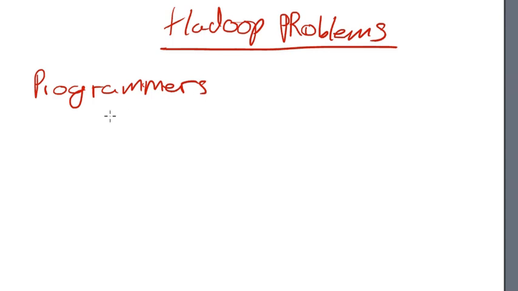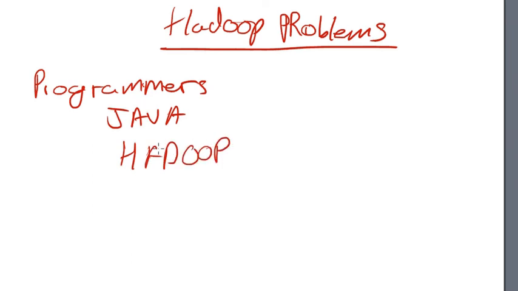So they need to know Java and Hadoop. And there we went. Okay. So that's some pretty big problems, because not only do I have to have some programmers, they have to know Java, and they have to be familiar with Hadoop. Otherwise, I'm going to spend some time training them.